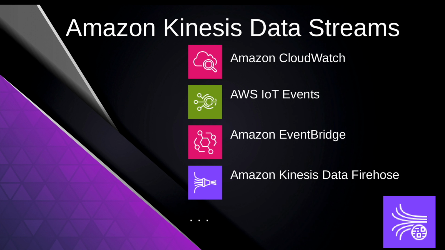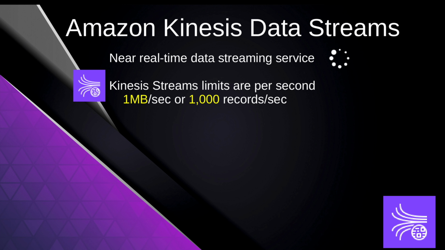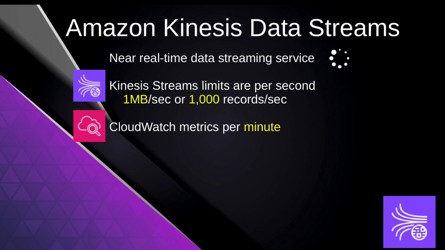Services like CloudWatch, IoT Events, EventBridge, Kinesis Data Firehose. It offers high throughput up to 1 megabyte or 1000 records per second per shard, ensuring data is available for immediate analysis. In contrast, in Amazon CloudWatch, metrics are reported every 60 seconds, making them more suitable for monitoring trends over time rather than real-time processing.